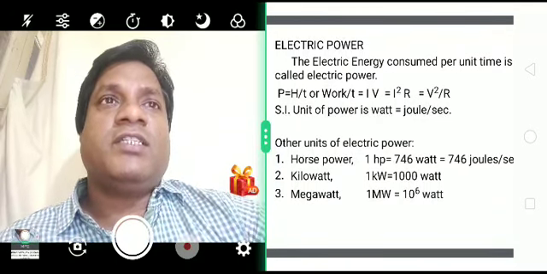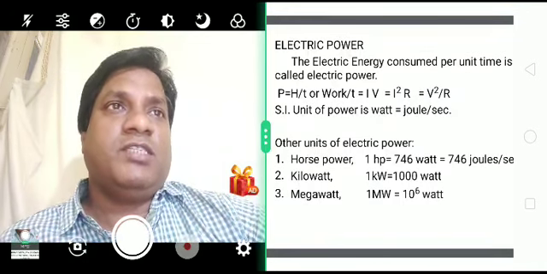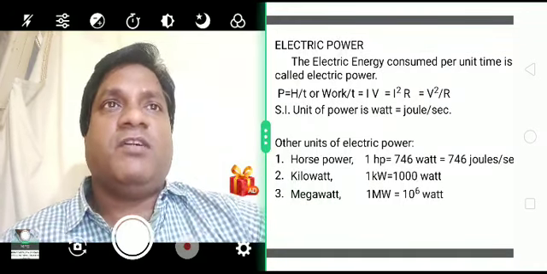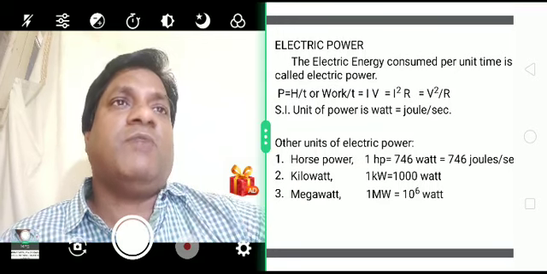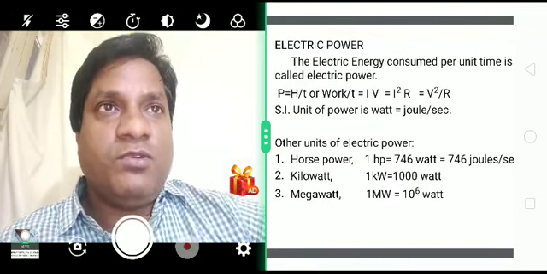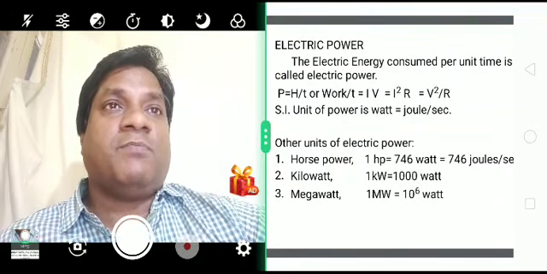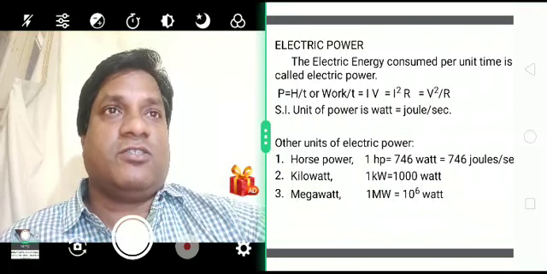The other unit is kilowatt, and an even bigger unit is megawatt. These bigger units, megawatt and gigawatt, are often used to rate the electrical power produced at power generating stations.